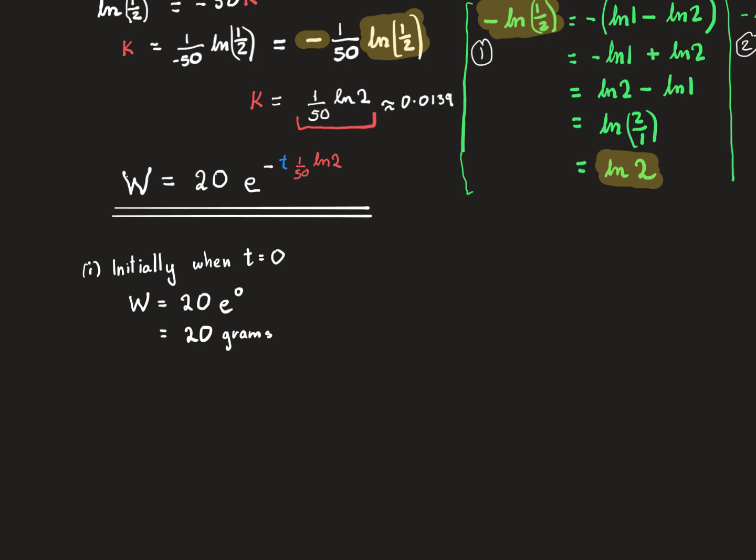And if we wanted to find the decay after 24 hours, we will just have e to the minus 24 over 50 ln2, and we use the calculator best to find this value of 14.3 grams.